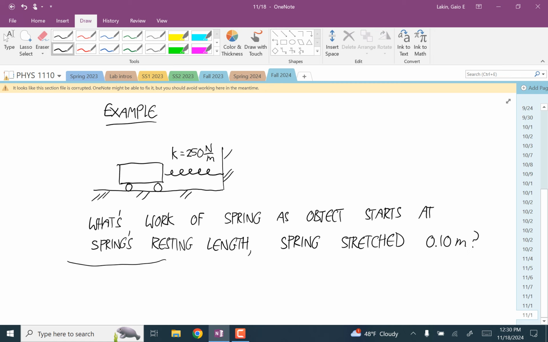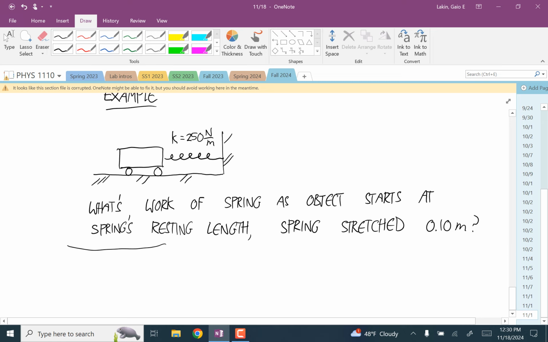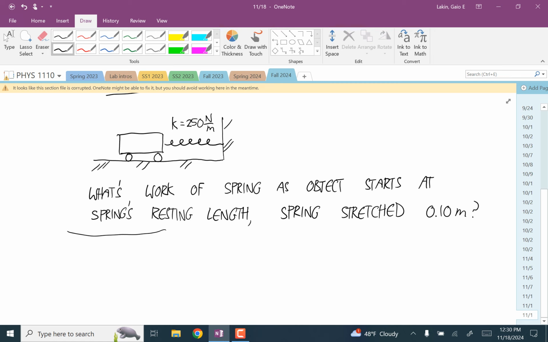If you try to stretch it, it'll pull to try to get it back. And so we expect the force of the spring to fight against this motion. Okay, and so we expect the spring to have a net effect of reducing the energy of this object. So thinking about it that way, we expect the work to be negative. All right, so let's do this calculation.